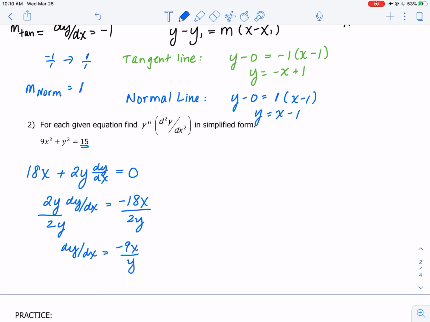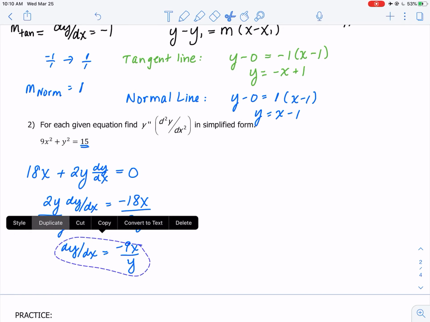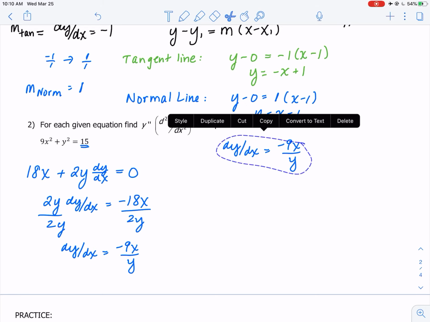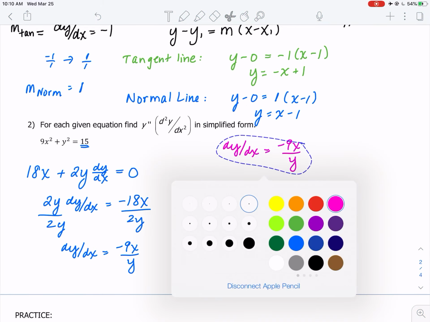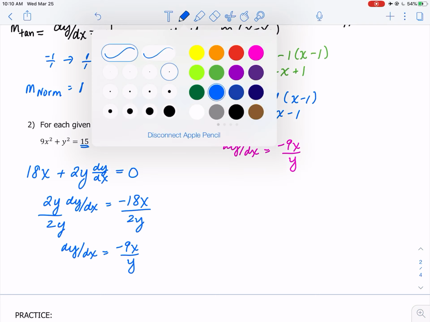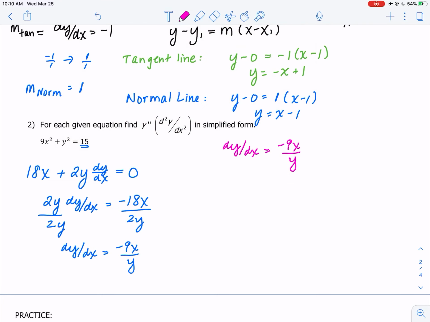Well, we have to take another derivative, one more to get that second derivative. As we're looking at the first derivative, notice that the derivative here is a quotient. That means when we go to find the second derivative, d squared y dx squared, all we have to use is our quotient rule.